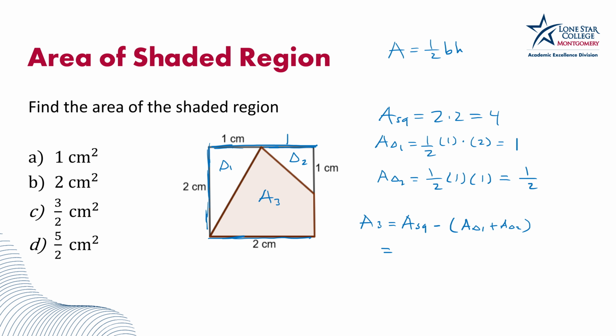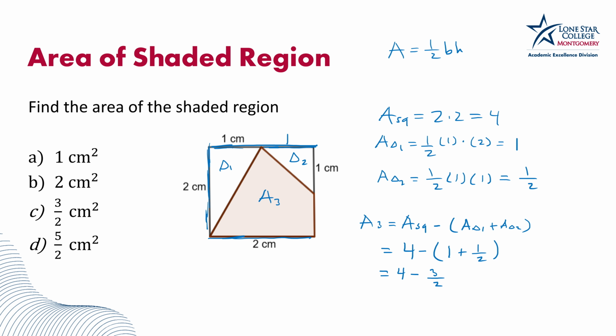That gives us the area of the square, which is 4, minus the area of triangle 1, which is 1, plus triangle 2, which is 1/2. So 1 plus 1/2 is 1.5, but if you want to write it as an improper fraction, it would be 3/2.